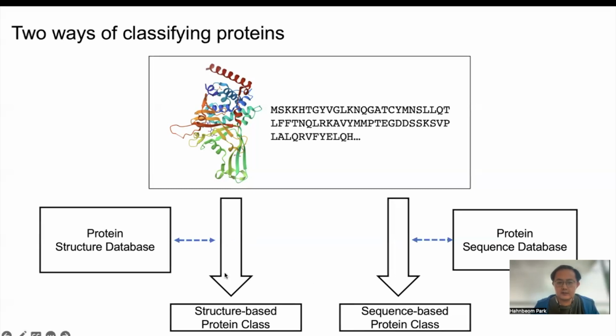That's how you get the protein structure class. If you grab the sequence, then you compare against a sequence database. By comparing against that, you'll get the protein sequence-based class. In this lecture, we are going to go individually, starting from the sequence database first.